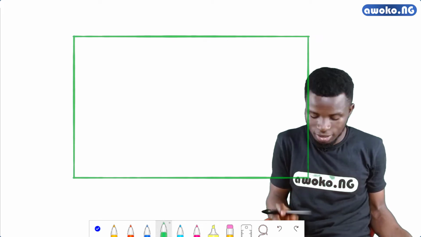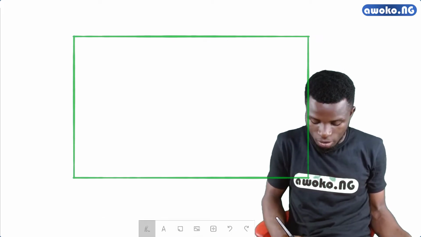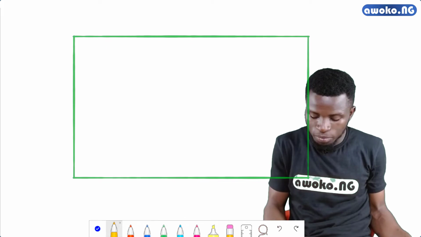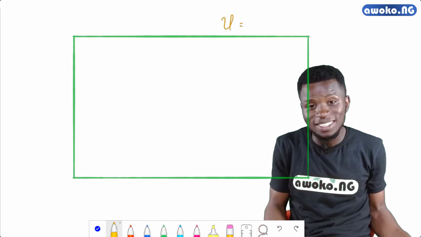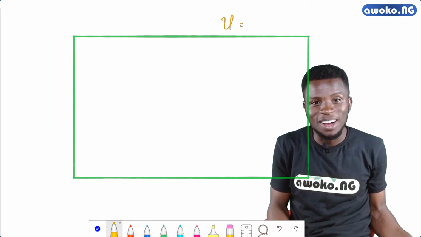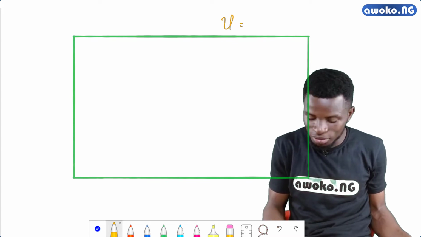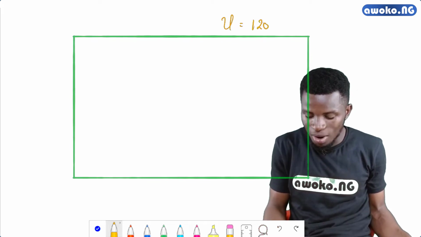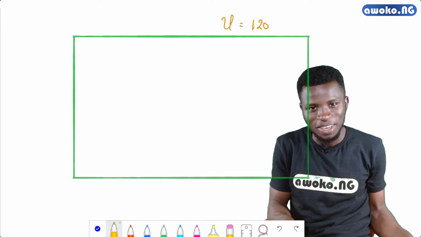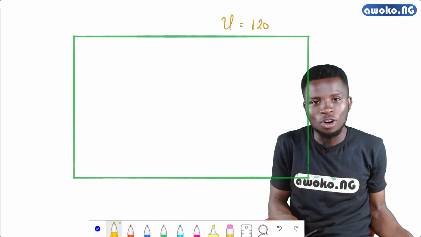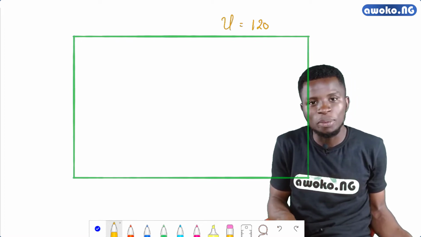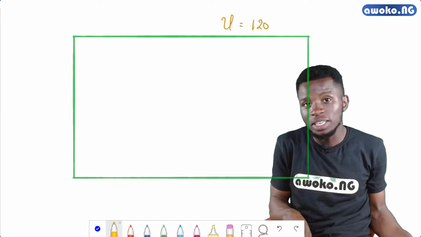This rectangular block symbolizes the universal set, and the universal set in this case is 120.